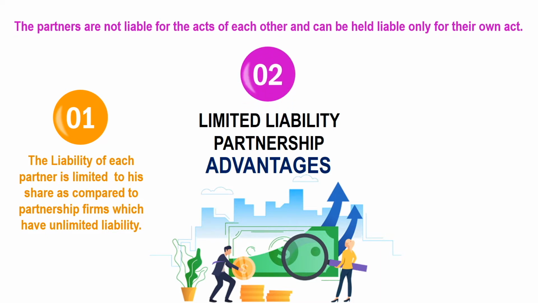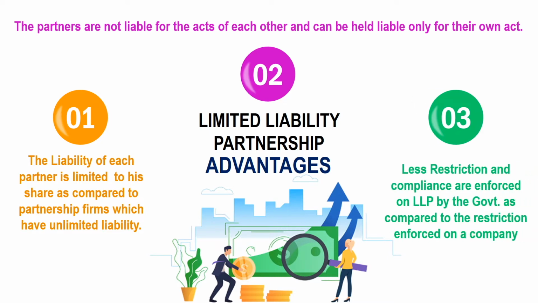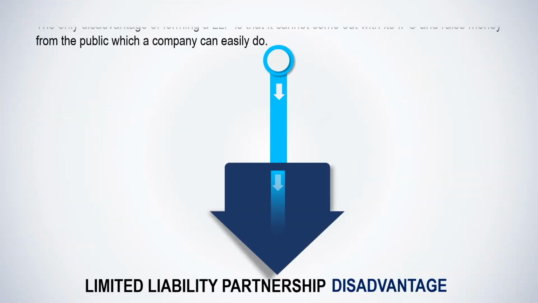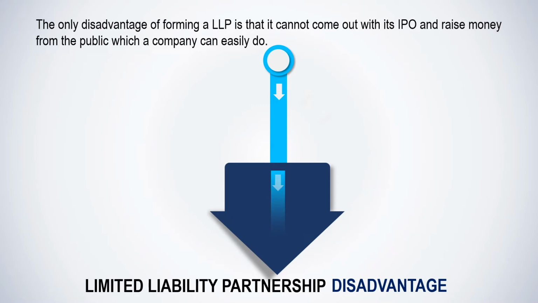The partners are not liable for the acts of each other and can be held liable only for their own acts. Fewer restrictions and compliances are enforced on an LLP by the government as compared to a company. If we talk of the disadvantages, the only disadvantage of forming an LLP is that it cannot come out with its IPO, initial public offering, and raise money from the public, which a company can easily do.